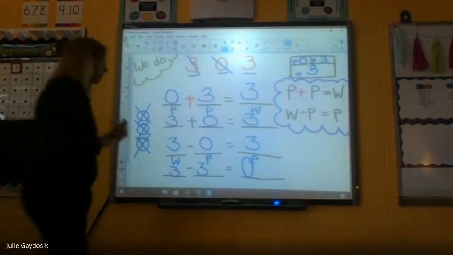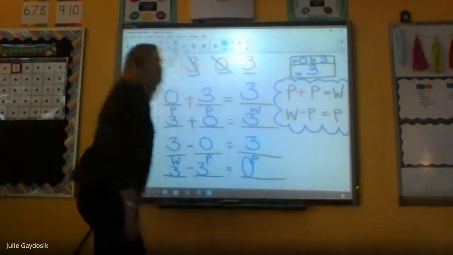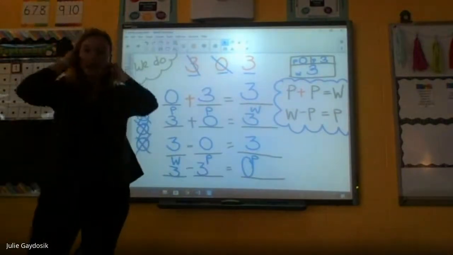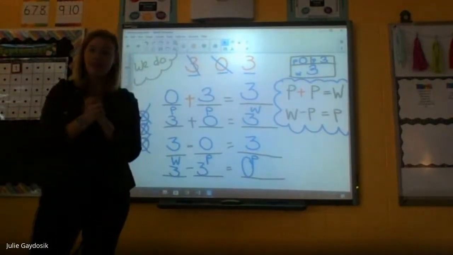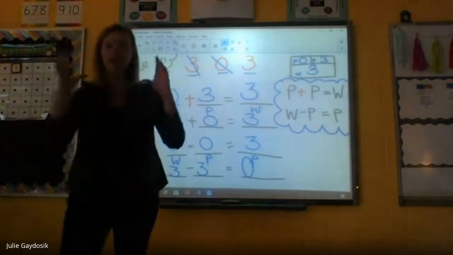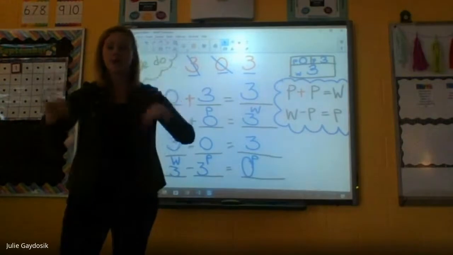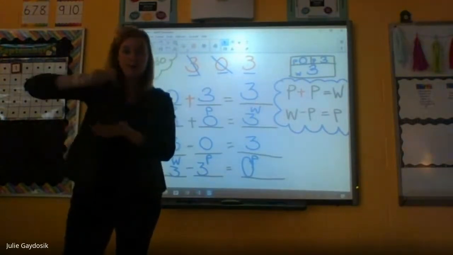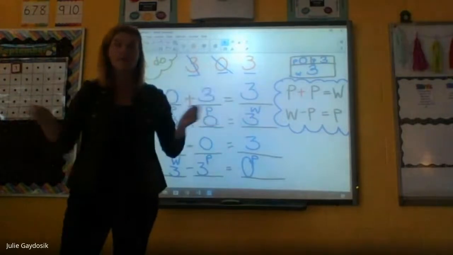Okay, so great job, boys and girls. Your Seesaw activity, you'll have 4 sets of fact families. Again, you can do it in your notebook if you need to. You do not have to do it on the Seesaw template. You can take a picture of your work in your notebook and upload it directly on top of the template, because I totally understand doing it paper pencil. It's so much easier.